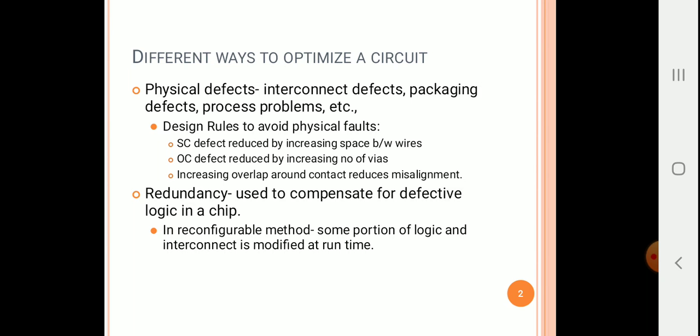It is like a reconfigurable unit or reconfigurable logic, like a fail safe. So this is also called a reconfigurable method, where some portion of logic or interconnect is modified so as to keep the circuit in a running condition by using the excess circuitry.